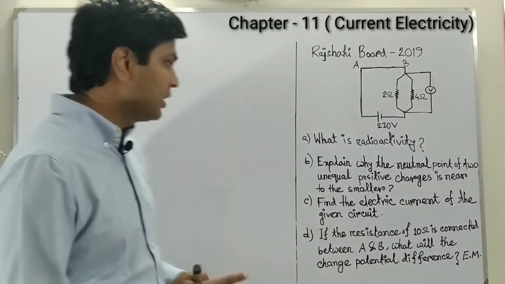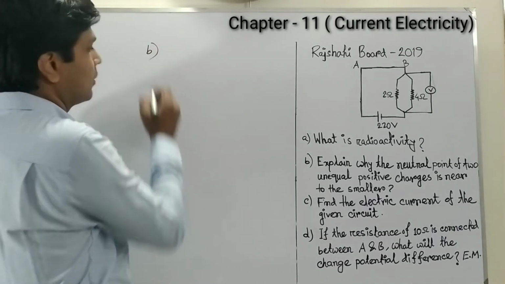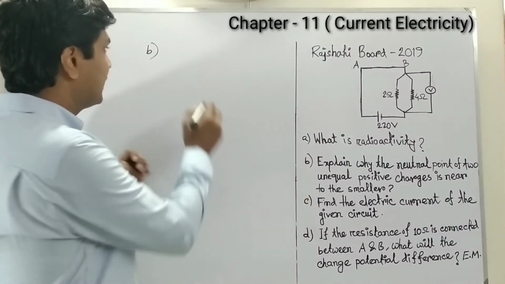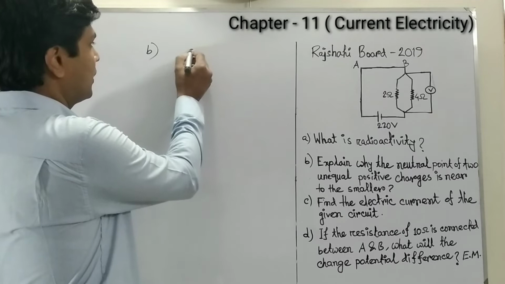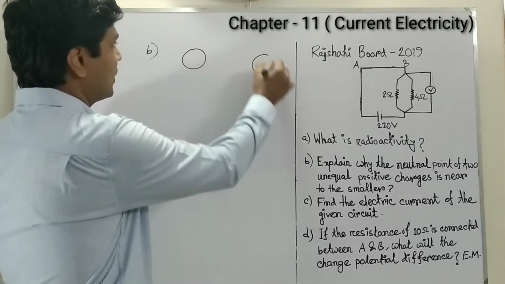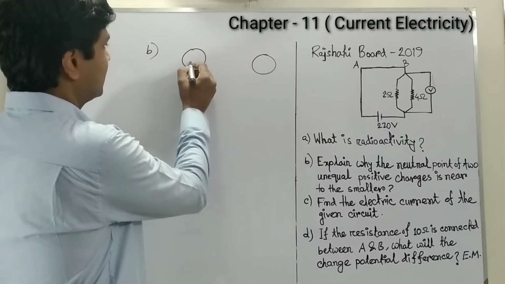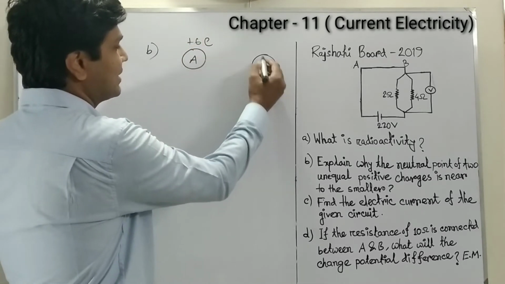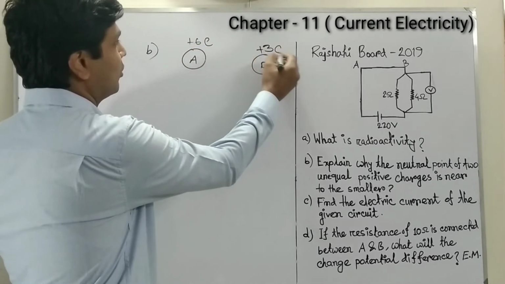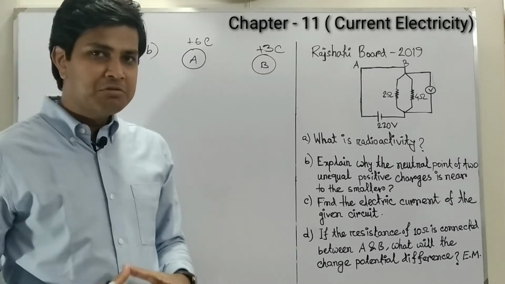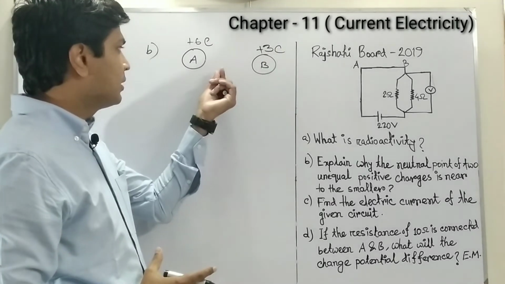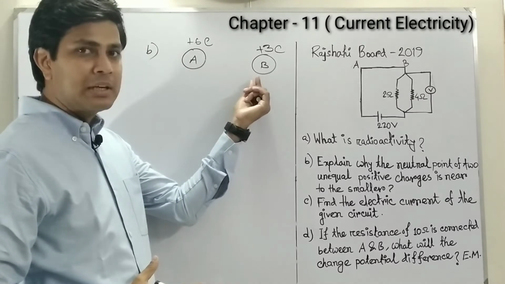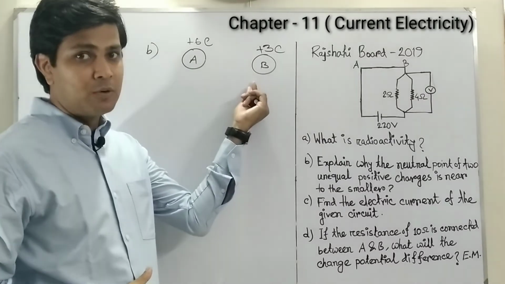Let us talk about it. Suppose we take two unequal positive charges. The first charge is plus 6 coulomb and the second charge is plus 3 coulomb. And the neutral point is placed near to the smaller charge. Why?